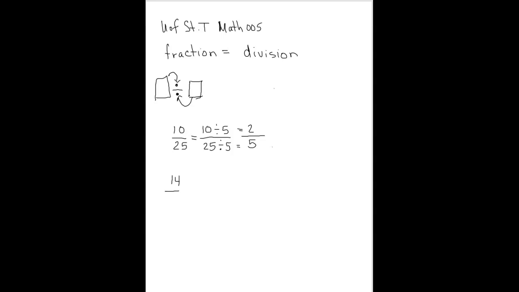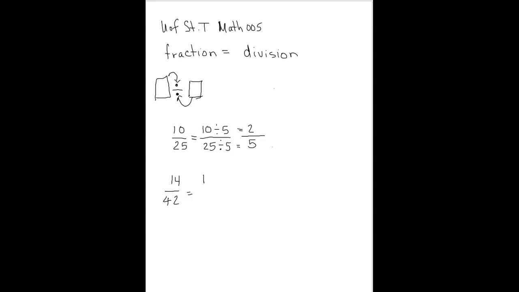So I've got 14 over 42. And I know right away that I have 2's hiding in here. I can divide both of these by 2, because this is a multiple of 2 and this is a multiple of 2. If it ends in 0, 2, 4, 6, or 8, you have something that's divisible by 2.